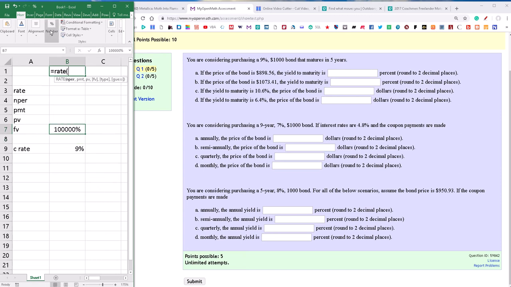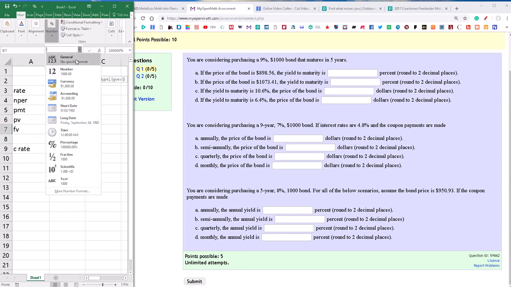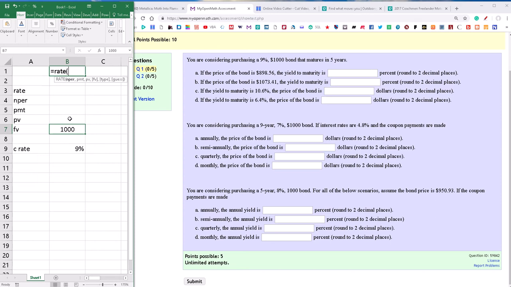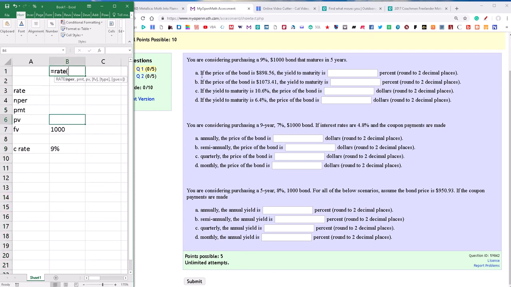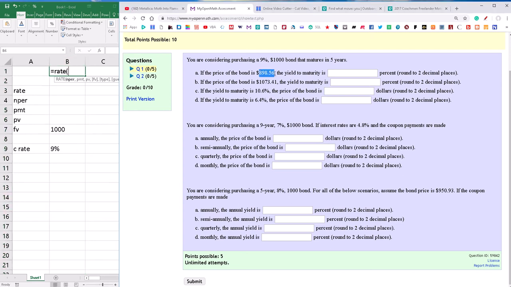Whoops. Change that to a number. The price of the bond in Part A is $898.56.